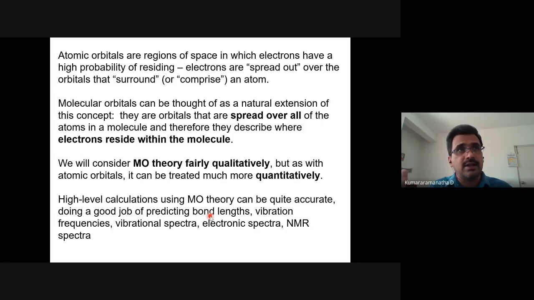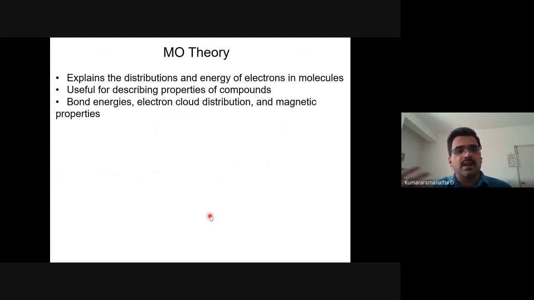With this introduction, let's look at the significant attributes of molecular orbital theory. Essentially, it tells you the distribution and energy of electrons in molecules, whether lowest or highest energy, and, very importantly, the properties.